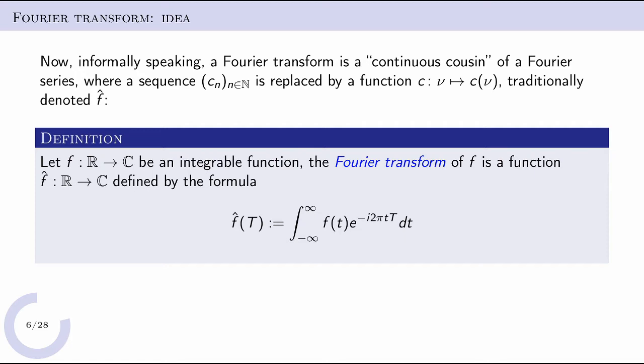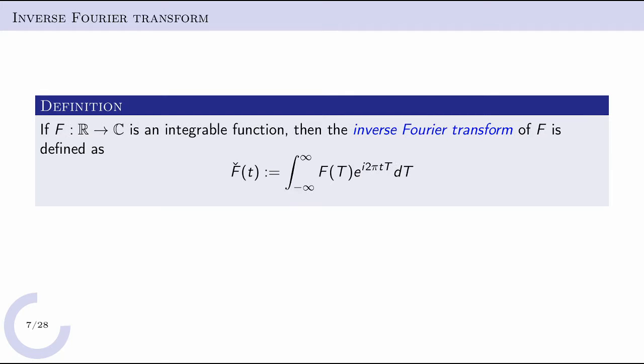Along the way, we can also define the inverse Fourier transform, which is defined by almost the same formula. Again, returning to our interpretation, the inverse Fourier transform takes a function defined on frequencies and converts it into the corresponding function defined in a spatial domain.